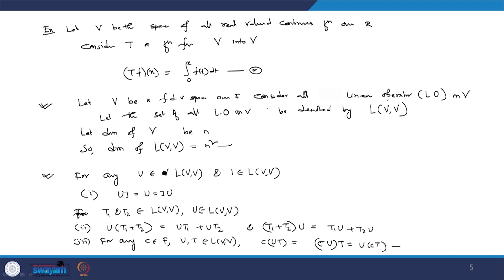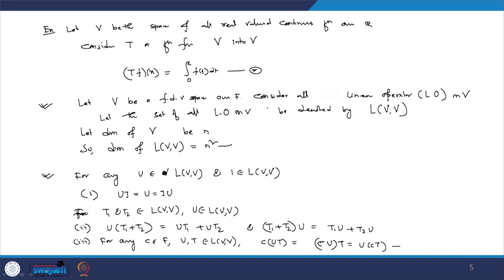We can quickly check that, as we used to do in the case of functions. Here also, U and T are not only functions, they are linear operators. With respect to composition multiplication, we see that the distributive law over addition also holds good, and we also see that there is the identity operator on L(V,V) such that U into I equal to U is equal to I into U. We can quickly check that this type of result holds good.